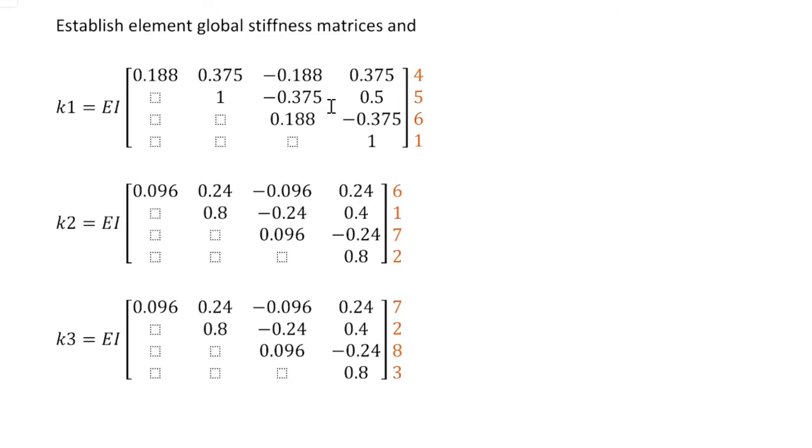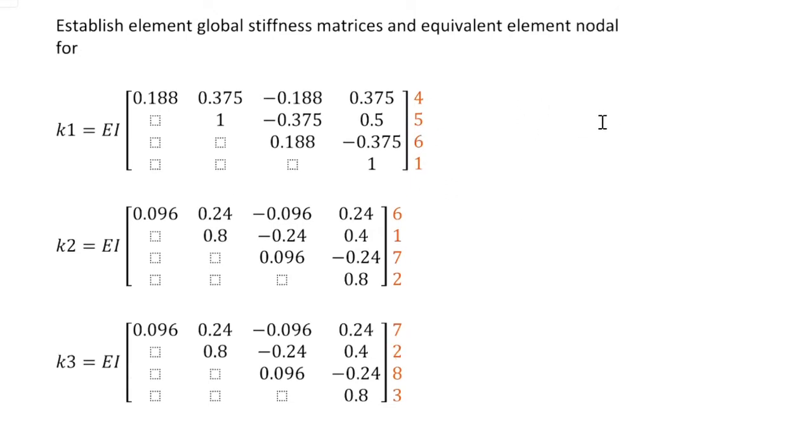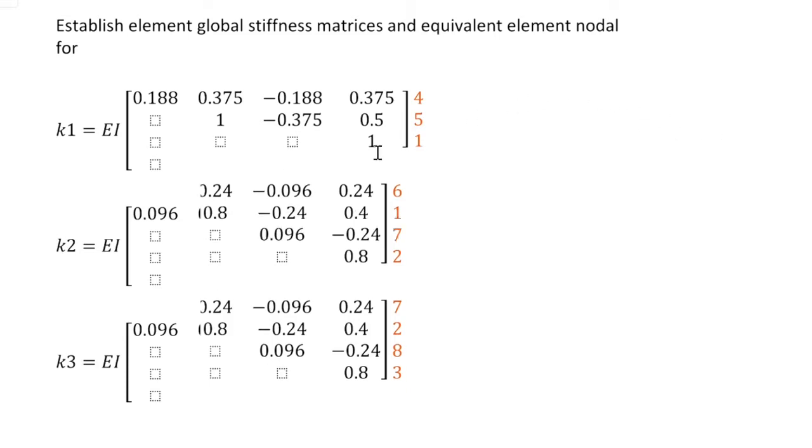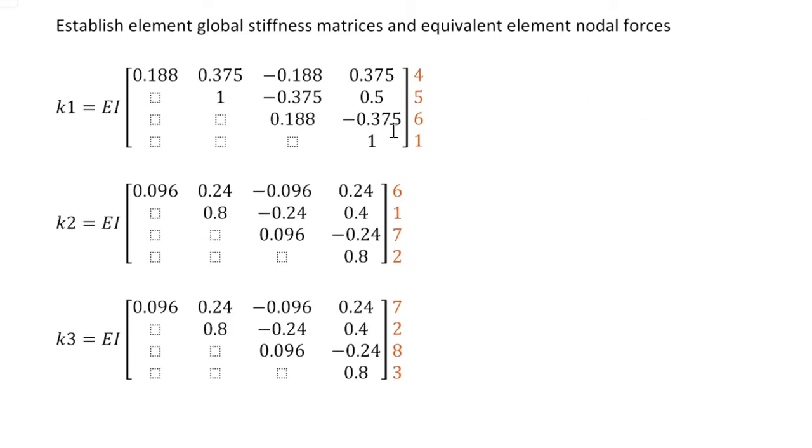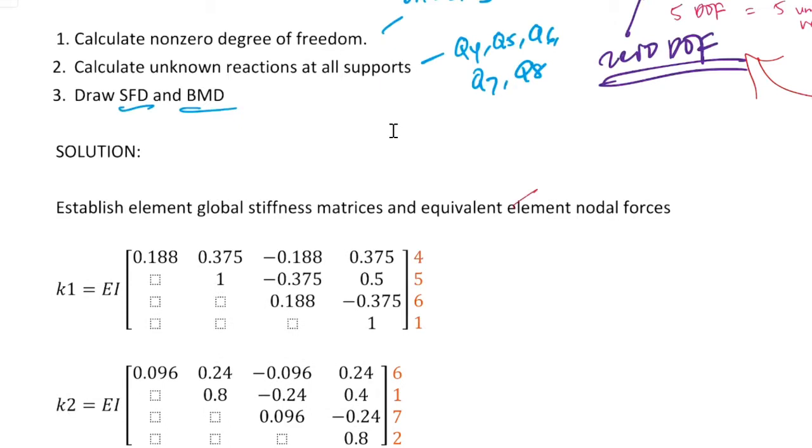Remember that this is Q naught, and we use a small letter because this is for the element.